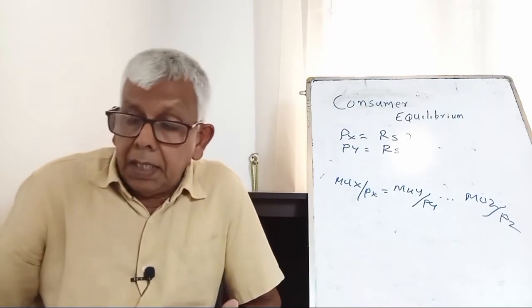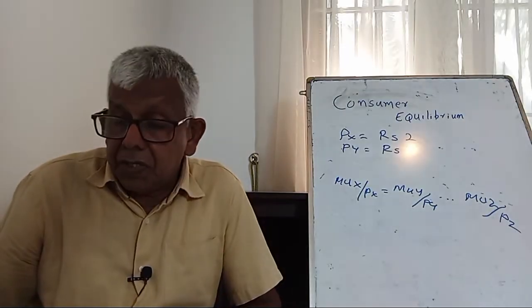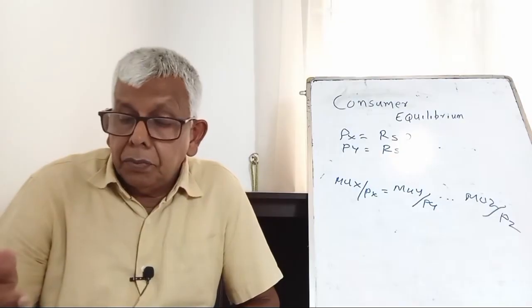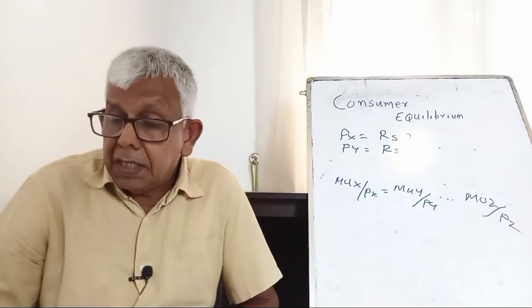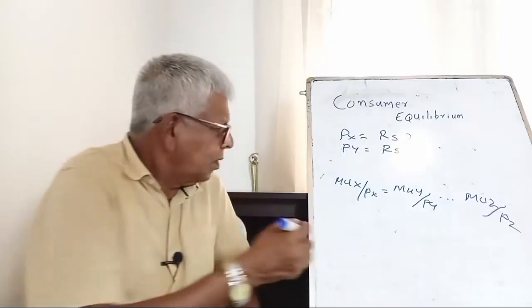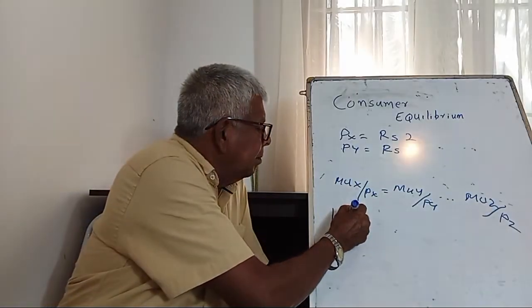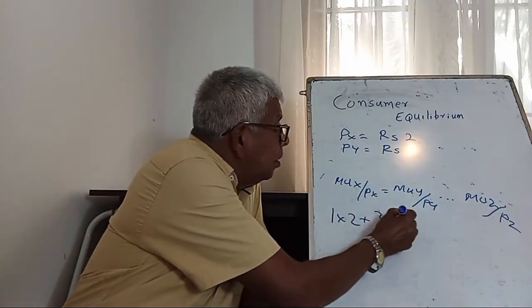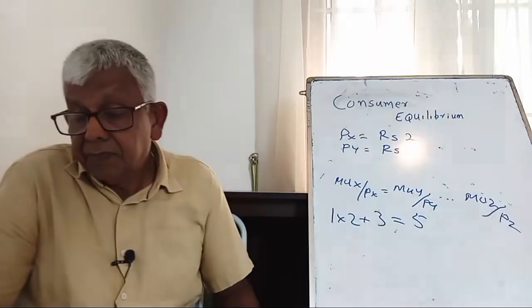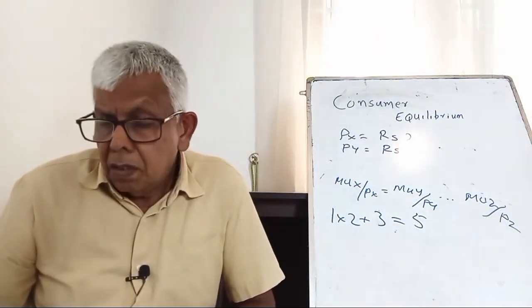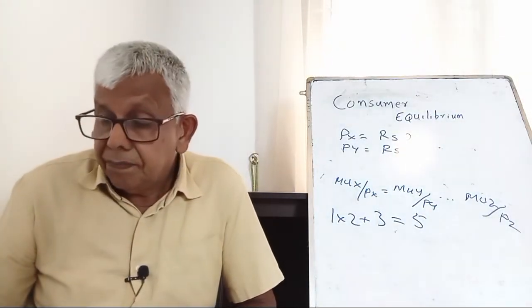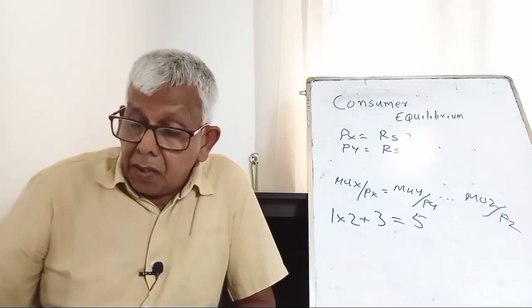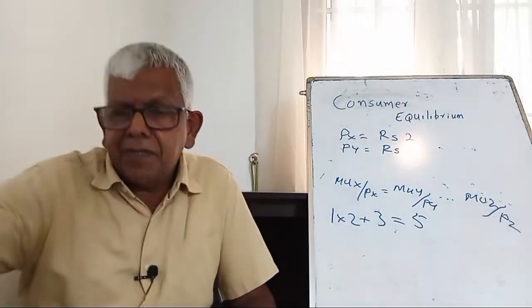His total expenditure is 1 multiplied by 2 plus 3, equals 5. Income is 22 rupees. He is not spending all his income, so that cannot be an equilibrium point.